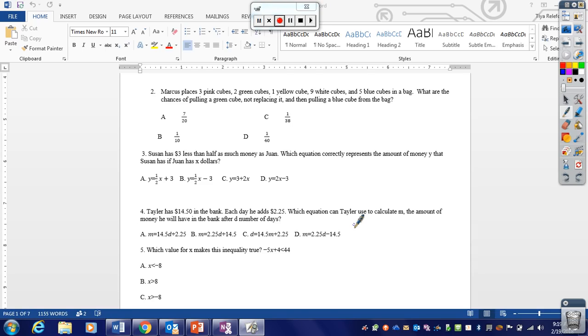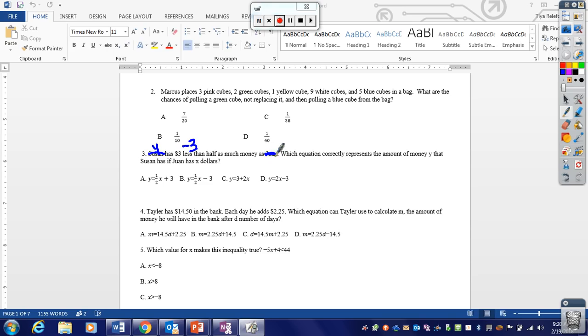Number 3 says Susan has $3 less than half as much money as Juan. Which equation correctly represents the amount of money Y that Susan has if Juan has X dollars? So Susan is Y. Susan has $3 less than. She has a minus 3. $3 less than half as much money as Juan.